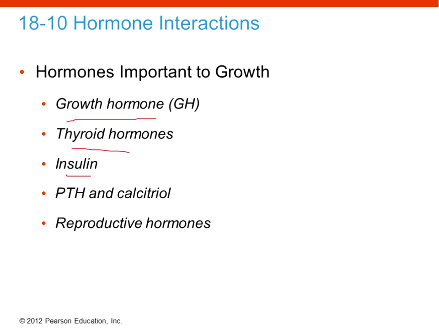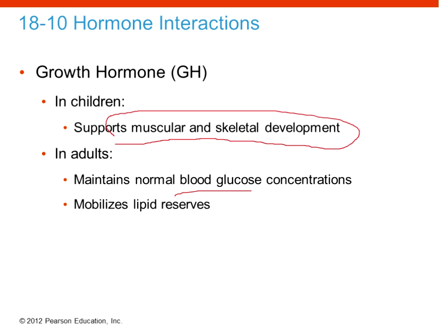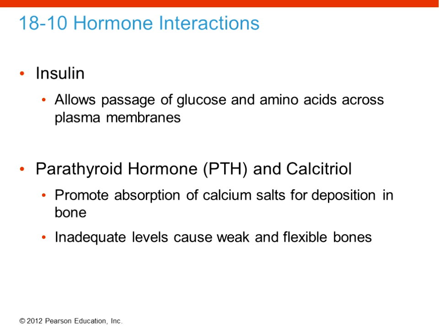So there are several hormones that are important to growth, which we've talked about: growth hormone, insulin, PTH, reproductive hormones. Growth hormone can support normal muscular and skeletal development, also help maintain sugar and lipid concentrations. Thyroid hormone, we talked a lot about that already in terms of its production.